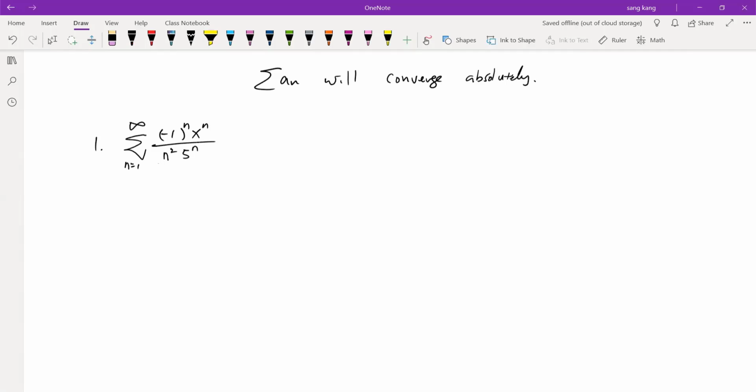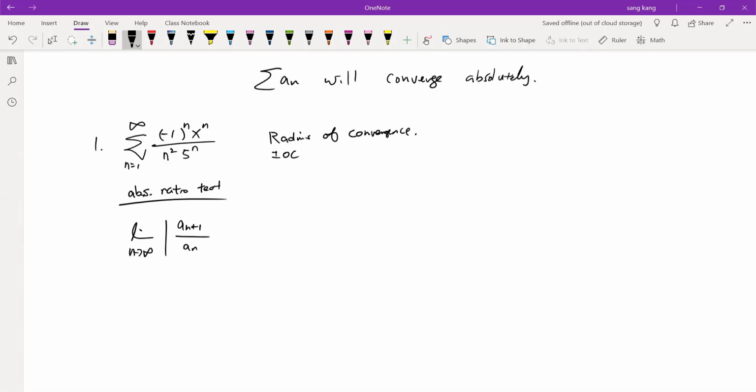So I'm going to use the absolute ratio test, because I'm looking for the radius of convergence and the interval of convergence. We take the limit as n approaches infinity of a_(n+1) over a_n, and I'm going to drop the (-1)^n.